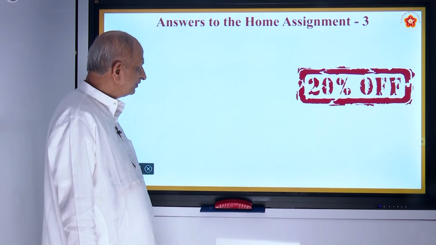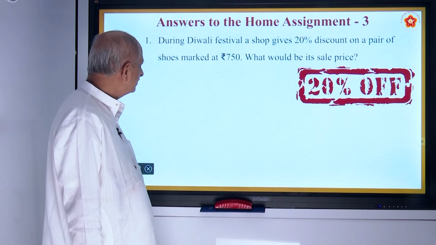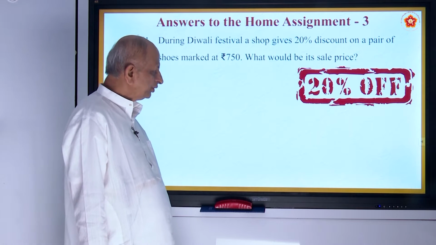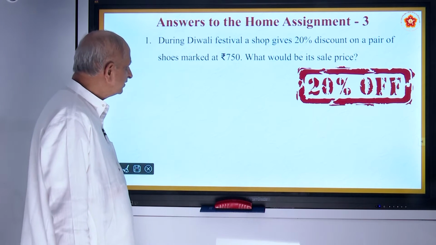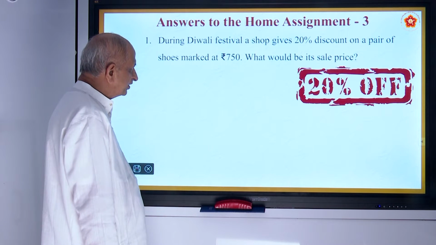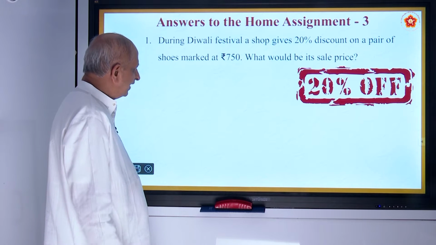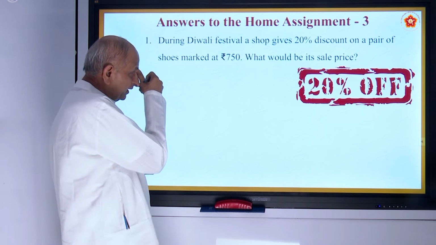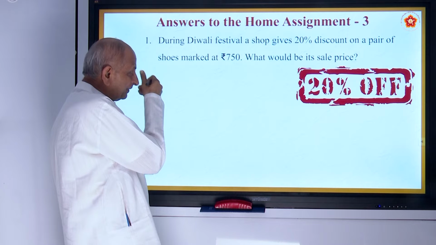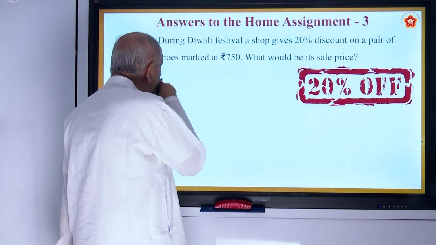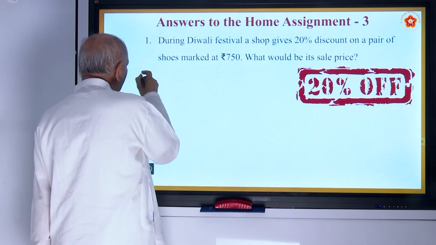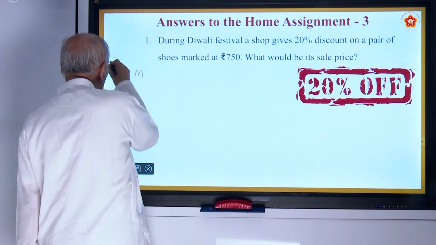So now let us try to answer the home assignment. First question: during Deepavali festival, a shop gives 20% discount on a pair of shoes marked at rupees 750. What will be the sale price? Solution.